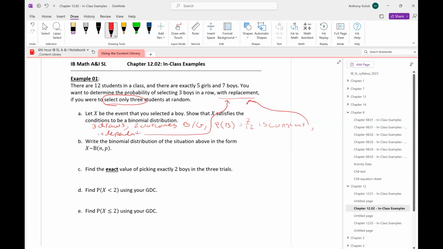So here it asks you to write the binomial distribution for the situation above in the form given. Your job is just to fill in the number for N and then P. N is the number of trials.